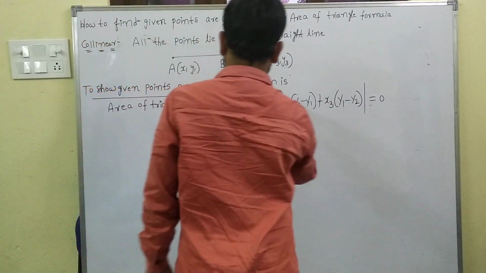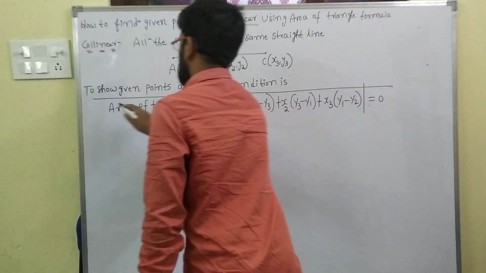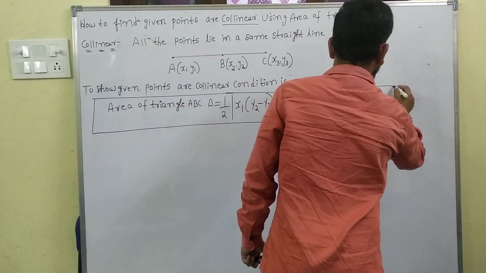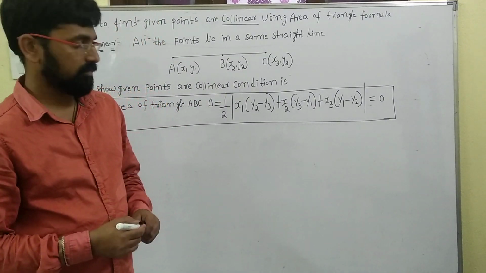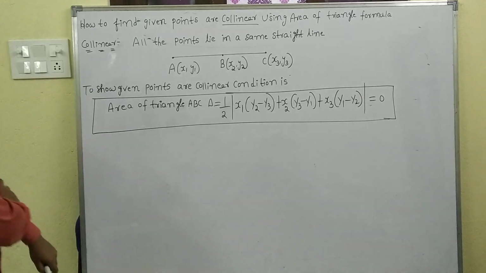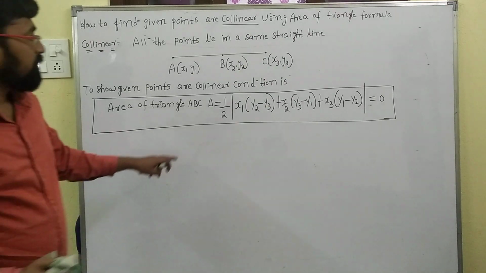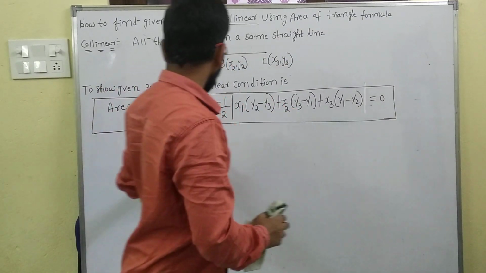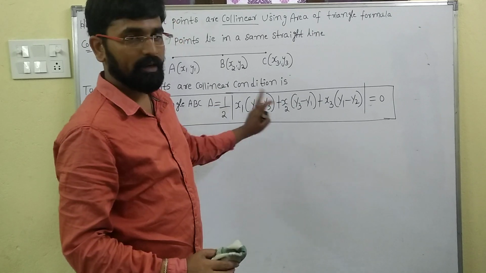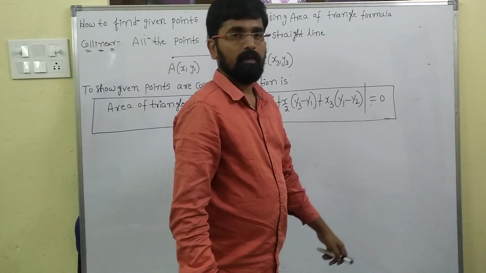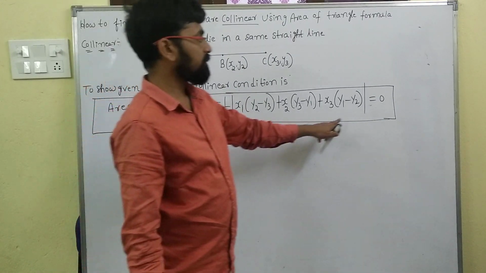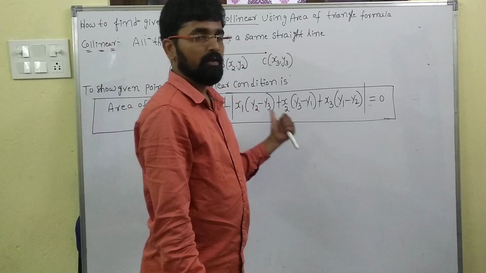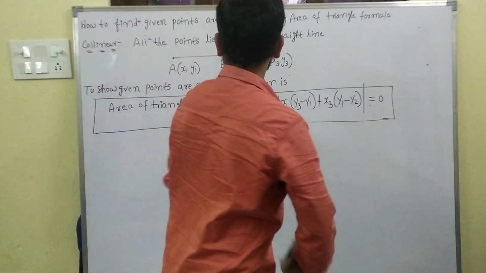So the area of triangle must be equal to 0, then the given points are called collinear. If the area of the triangle you get is 0, then it will be collinear points. We need to equate the area of triangle to 0.